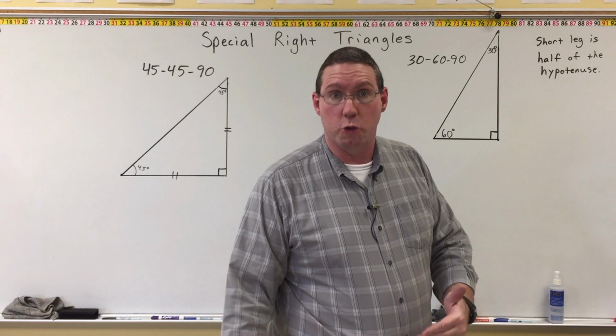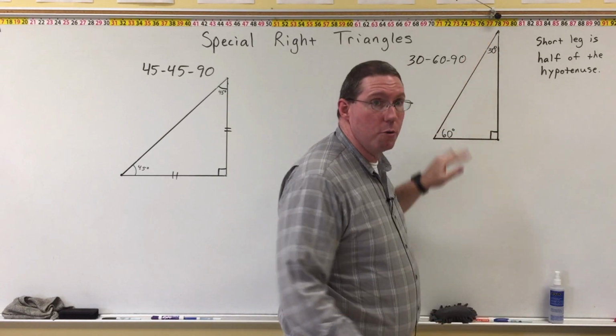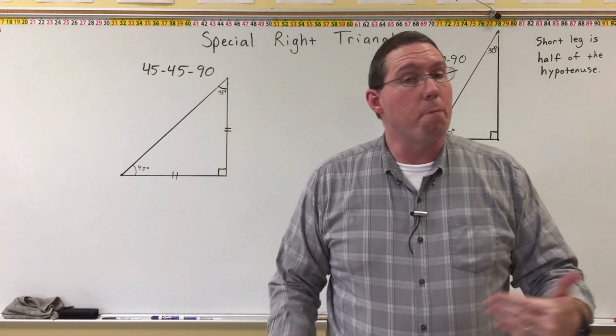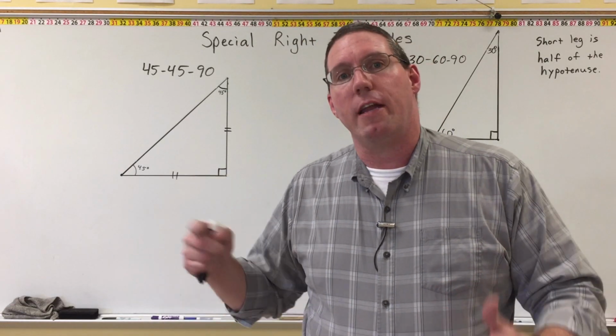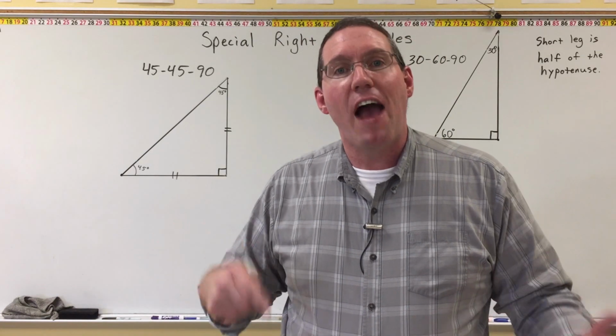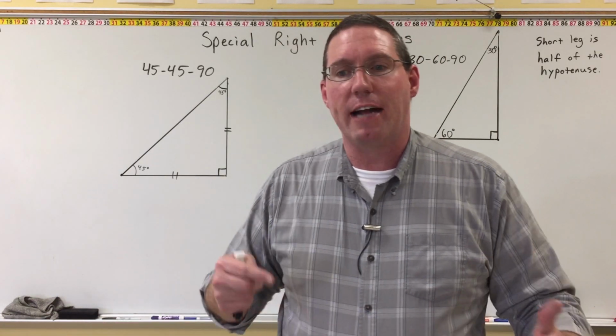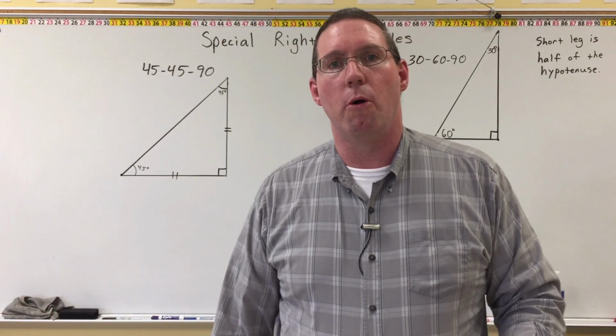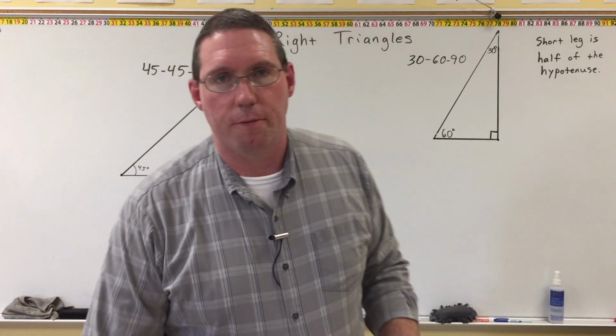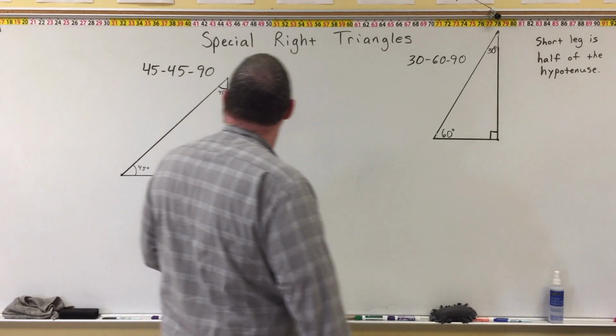It will also triple, and the hypotenuse will triple. So proportional just means that whatever factor one part of it is multiplied by, all of the other lengths are also multiplied by that same factor, okay?